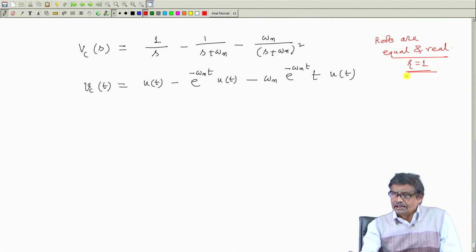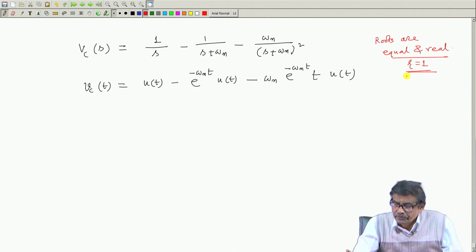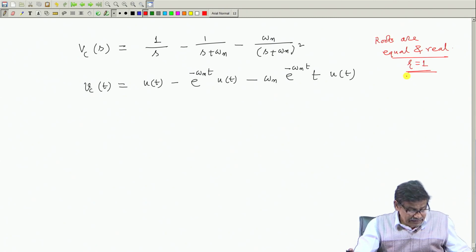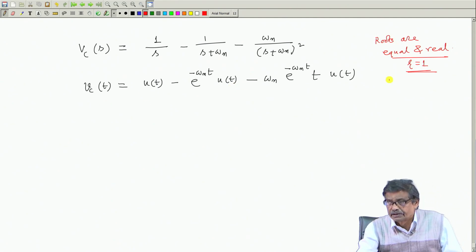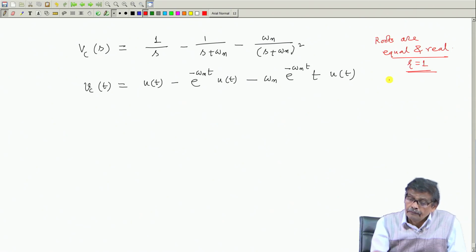This is called the critically damped case. You can plot these two. Mind you, at t equal to 0, this term is 0, capacitor voltage is 0. Similarly, you can find i(t) by differentiating this expression, as simple as that.